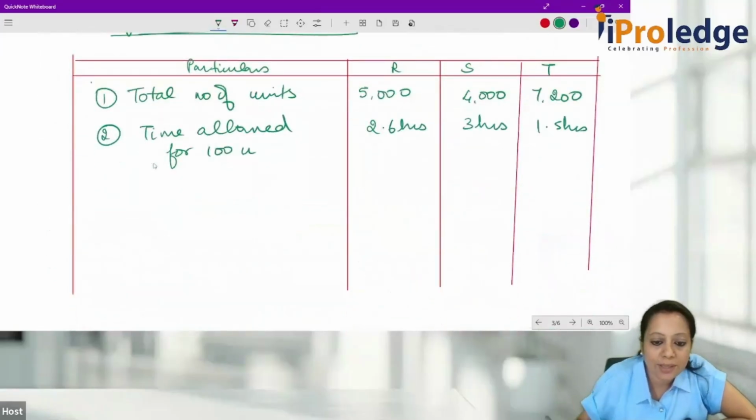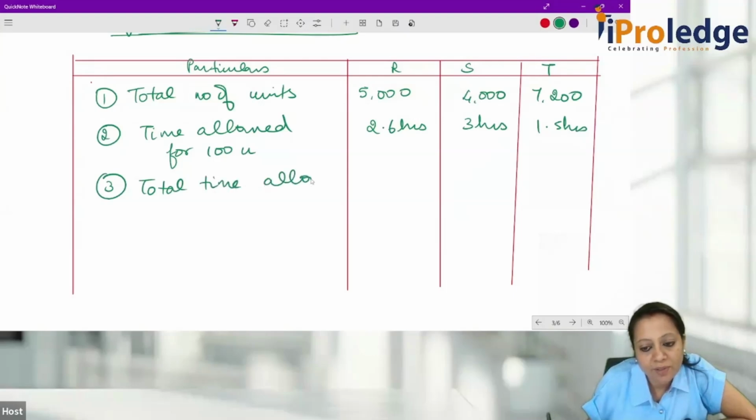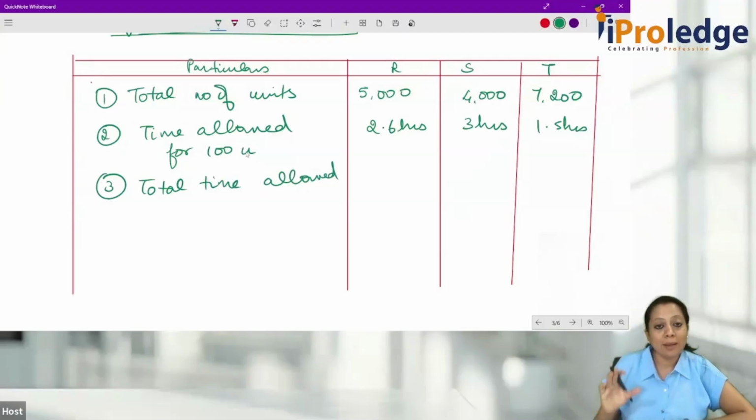Now in point number 3, what are we going to do? We are going to calculate the total time allowed. If you're getting confused about what total time allowed is, we know the time allowed for 100 units only. The time allowed for 5,000 units we are going to calculate.